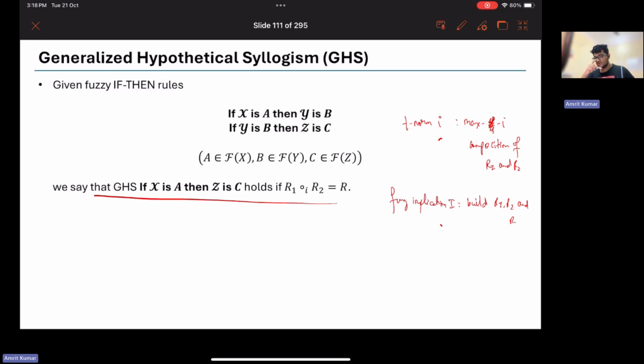So the fact that GHS holds is contingent on the T-norm and fuzzy implication used.